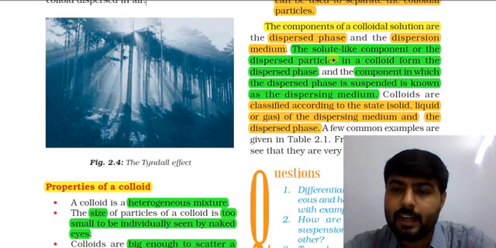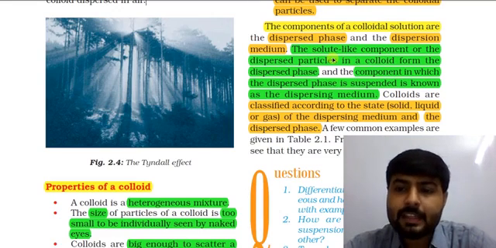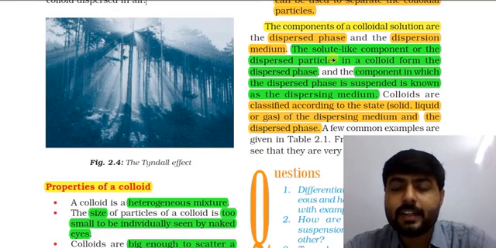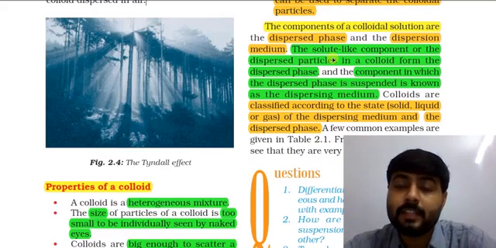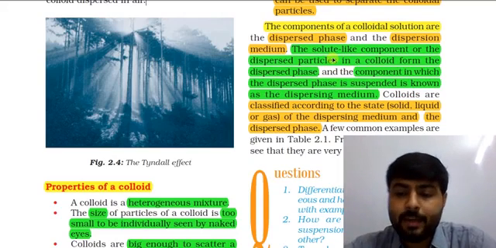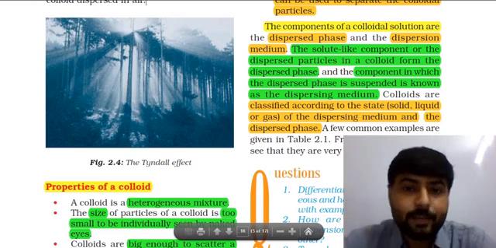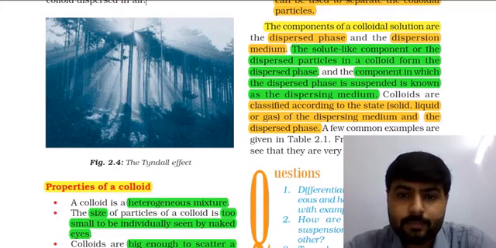So the solute-like component, or the dispersed particle in a colloid, forms the dispersed phase. And the component in which the dispersed phase is suspended is known as the dispersing medium. You can remember from solution that solute is dissolved in solvent.